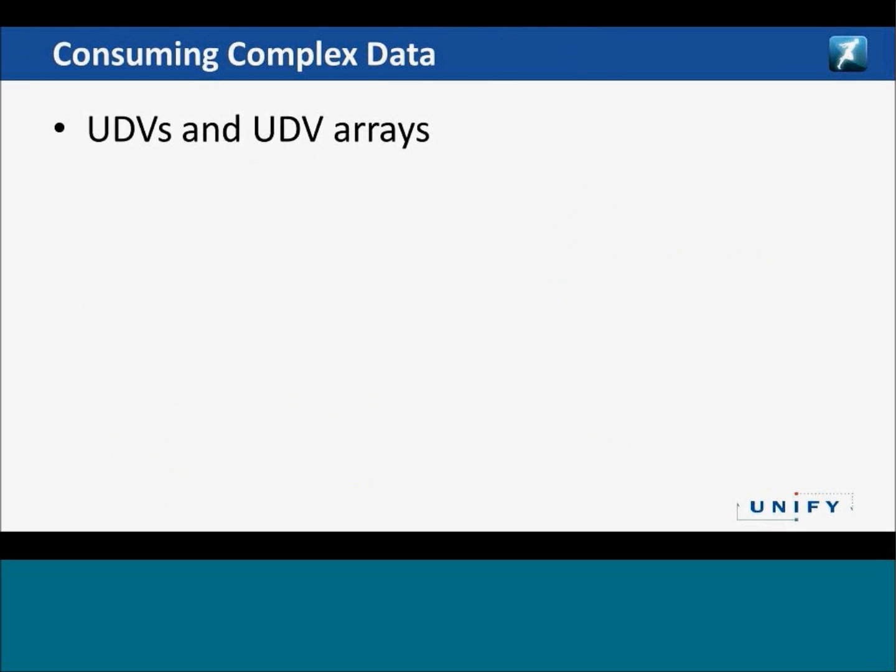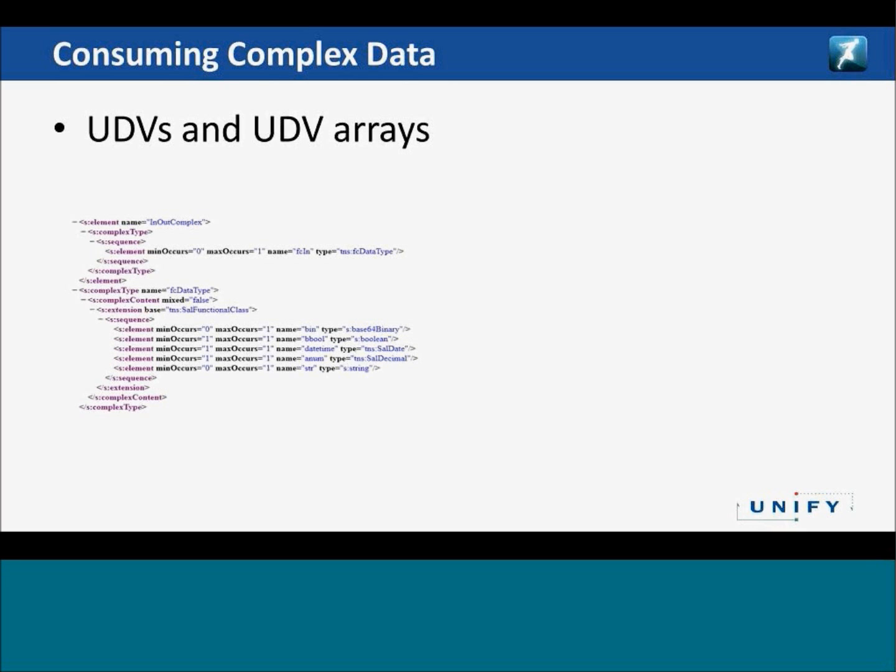So consuming complex data also means you can consume UDVs and UDV arrays. Now this is where it's getting really interesting. Basically, this is the WSDL, and if you look at the WSDL, let me switch on my highlighter again here. You see there's several elements in that functional class: a binary one, a Boolean one, sal date, sal decimal, and a string one.